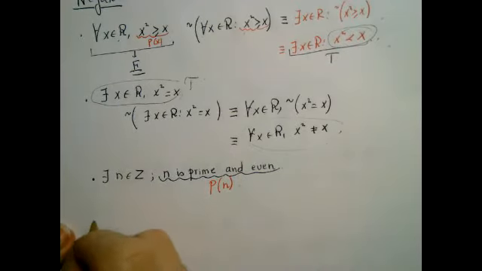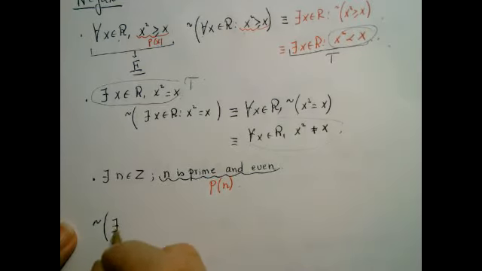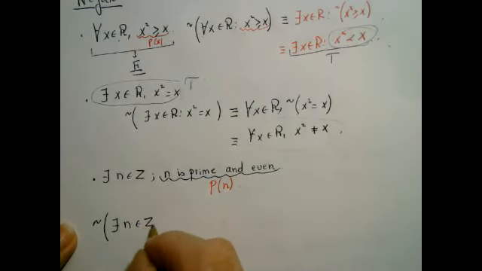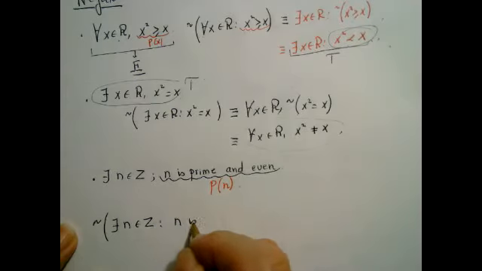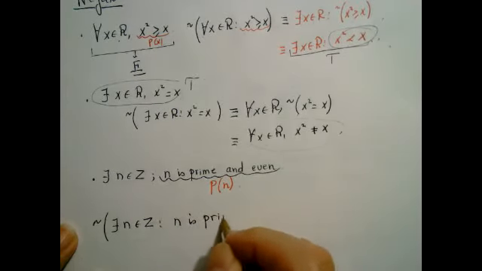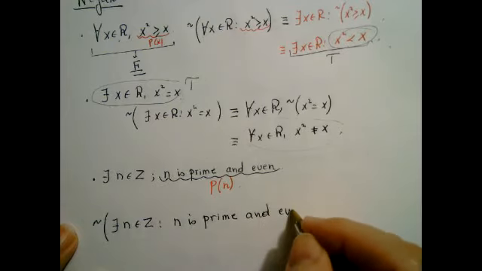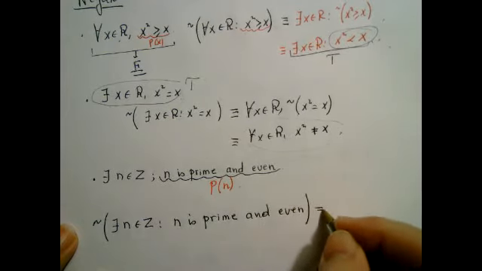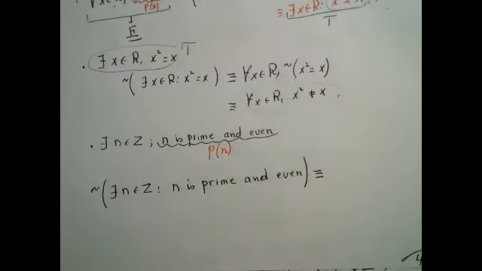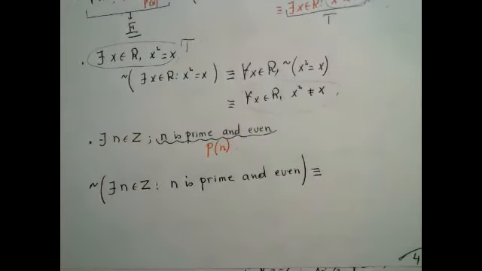So again, you guys have a minute to negate. Okay, everybody, for all n, n is prime and n is even, absolutely correct.